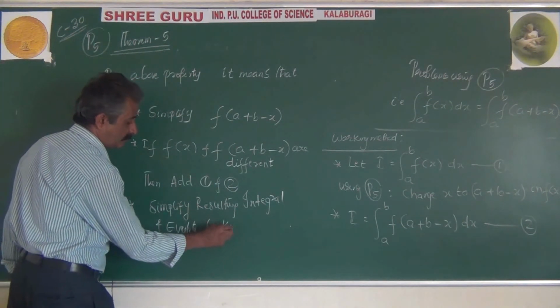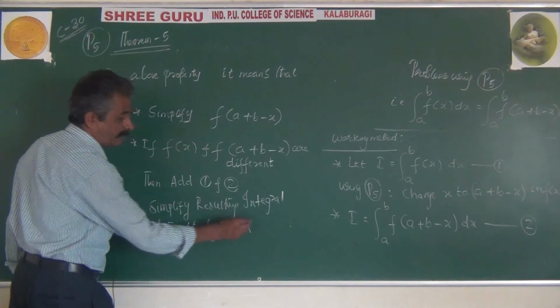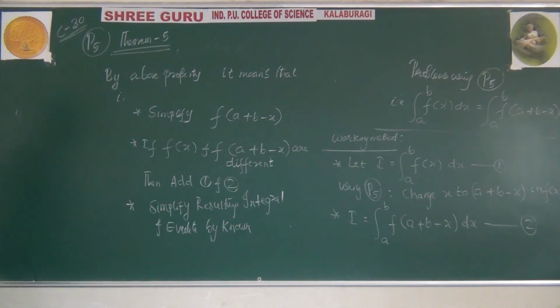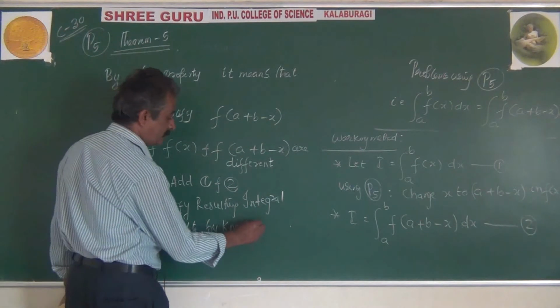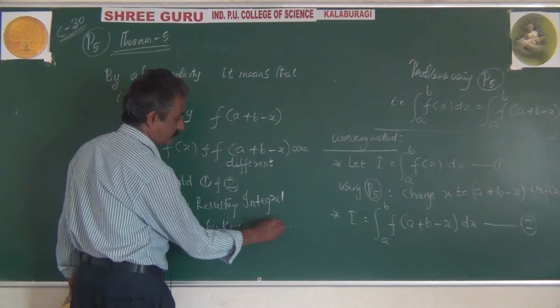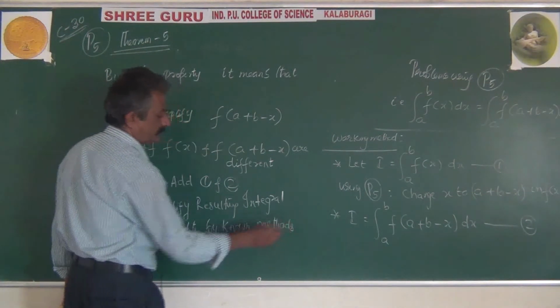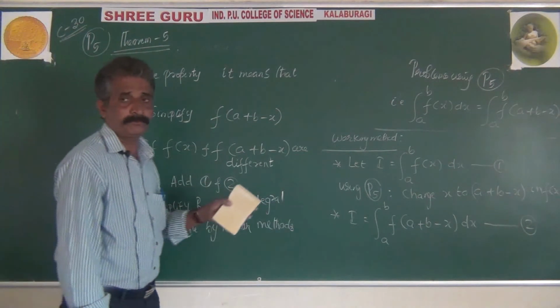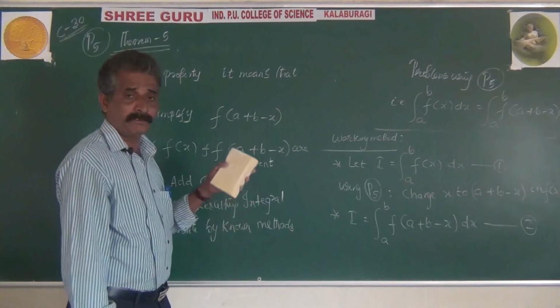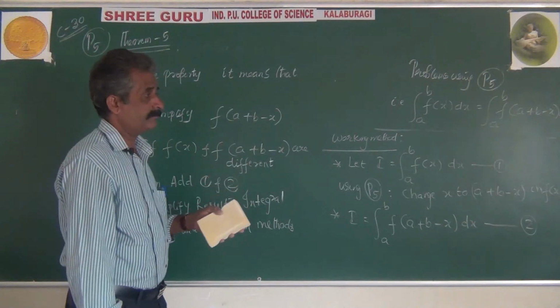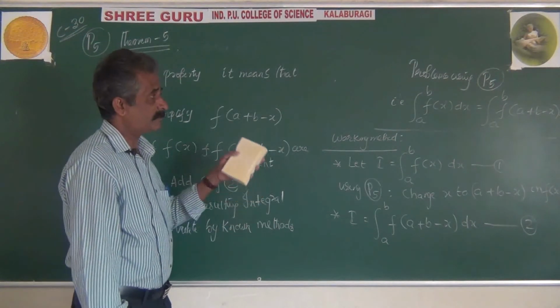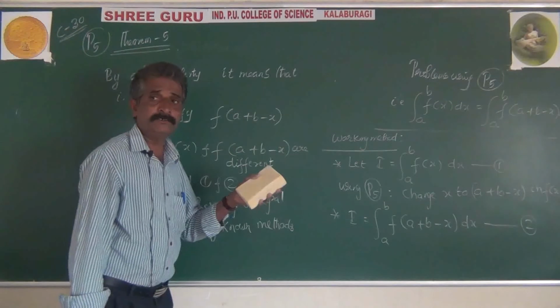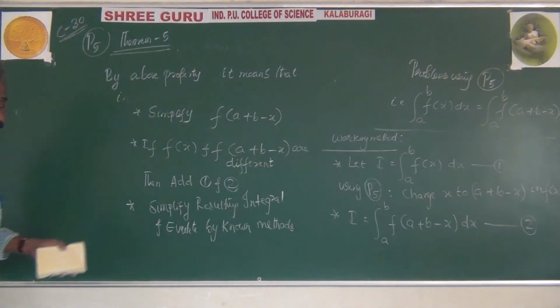What is the meaning of evaluate? Get the value of the integration. So this is a brief background. You can think of it as a blueprint or method of solving problems using property number 5.